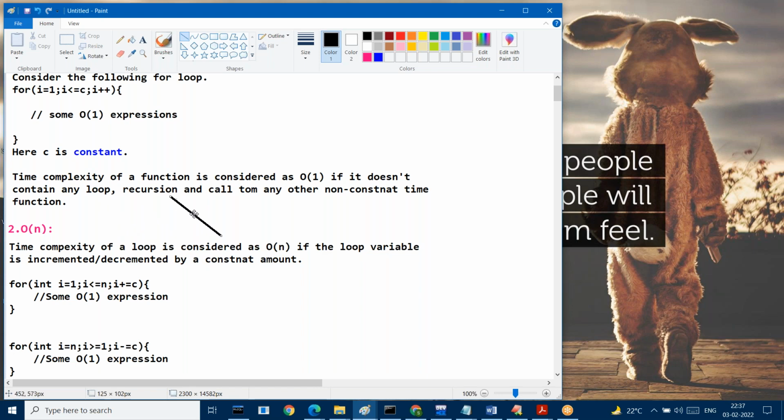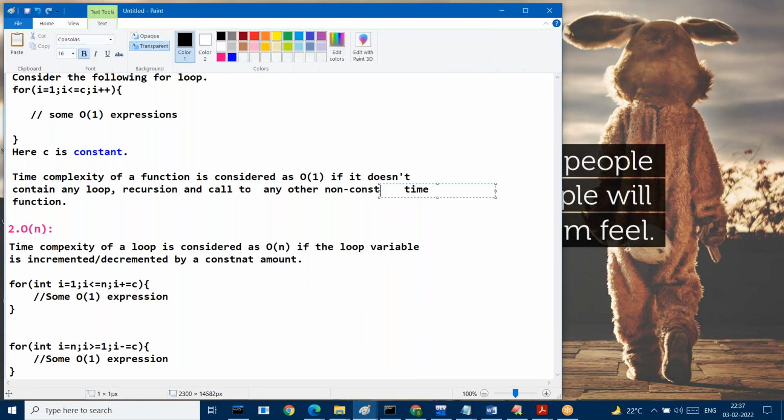No recursive call, order of 1. And no call to any non-constant function. Not a non-constant function means a constant time function, positive basically. So if I'm calling a constant time function, then my complexity will also be constant time.